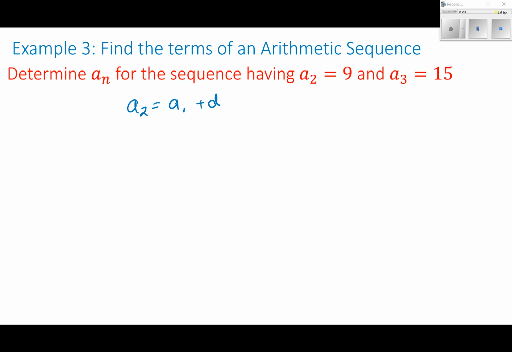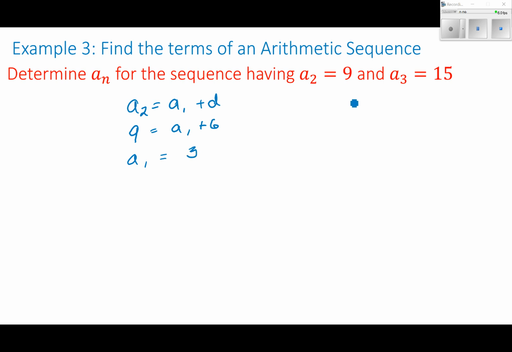All right, so if we look at this, well, I know my second term, 9, is going to be equal to a sub 1 plus whatever my common difference. Well, from 9 to 15, that's 6. So that's plus 6. So I can work this out. Well, the first term had to have been, if I were to solve, 3.